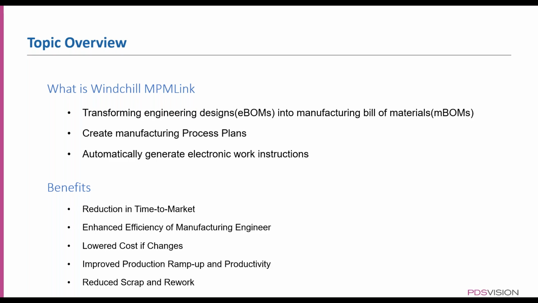Right, so the topic for today, we're looking at manufacturing process management. What we would cover is the transforming of that engineering BOM, the eBOM, into the mBOM. And the reason for that is how you design the product, the focus is just form, fit, function.